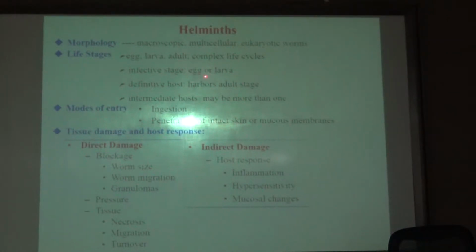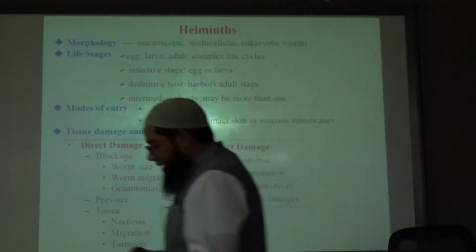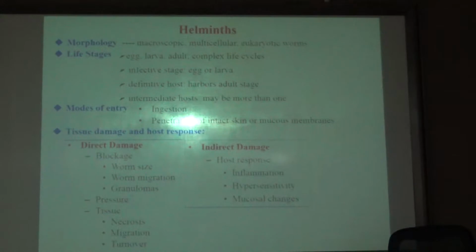Infective stage is mostly egg or larva in all the helminths. Definitive host is defined as the host which harbors the adult stage of this organism. For any organism which causes infection, definitive host is one in which sexual phase of the life cycle takes place. So definitive host is that harbors adult stage.